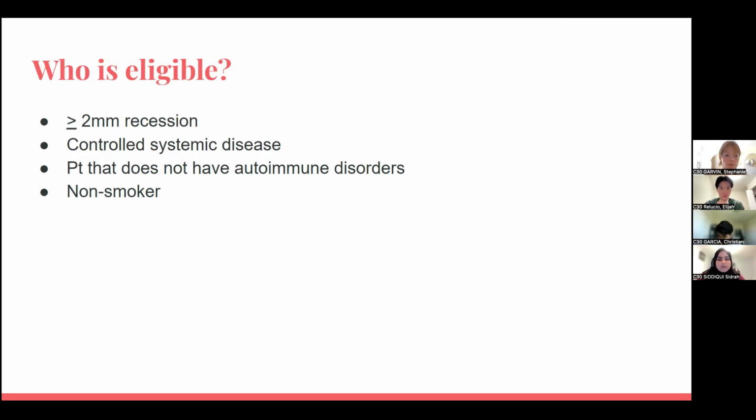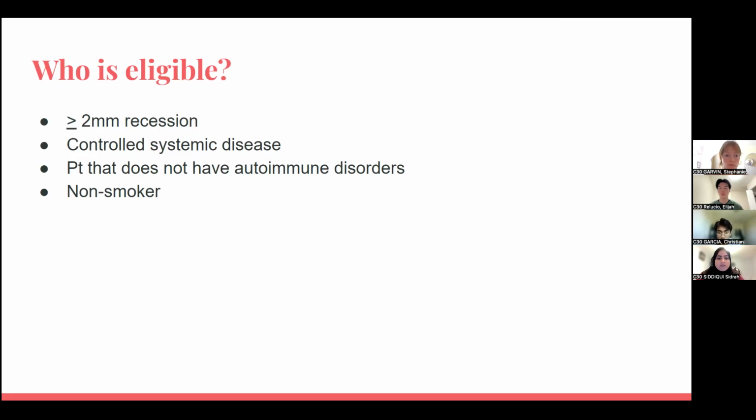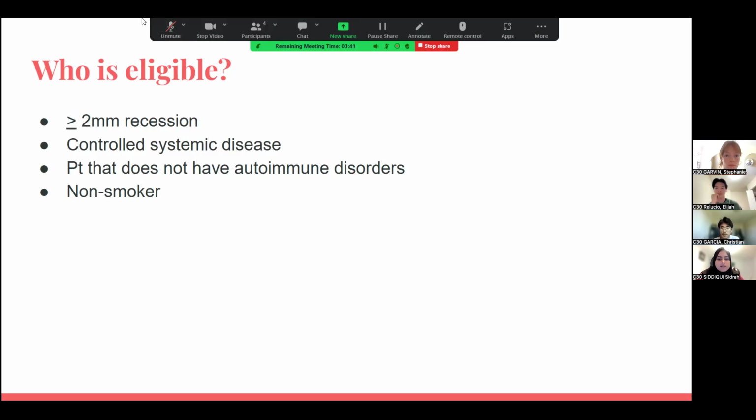AlloDerm is best suited for patients who do not have autoimmune disorders, since these conditions may compromise healing and graft integration. Finally, the patient should ideally be a non-smoker. Smoking is one of the strongest risk factors for graft failure, delayed healing, and compromised aesthetic outcomes. By carefully choosing cases that meet these criteria, we can improve predictability, patient satisfaction, and long-term success of the procedure.